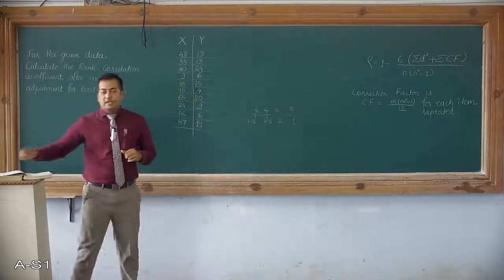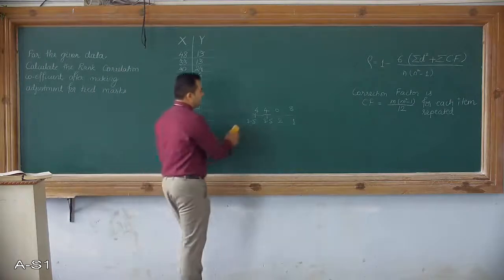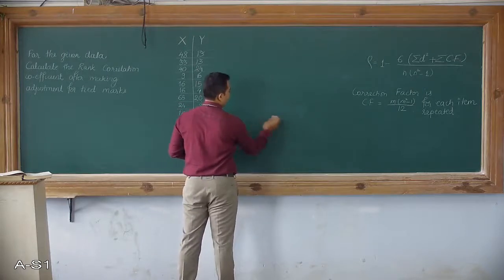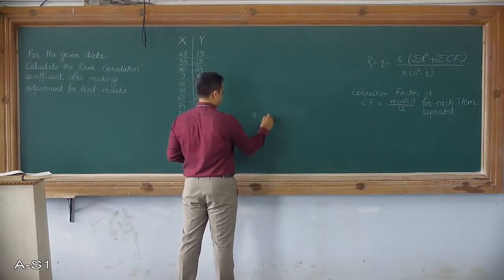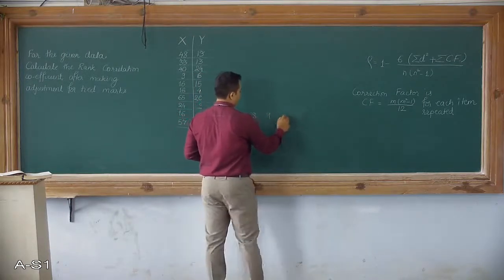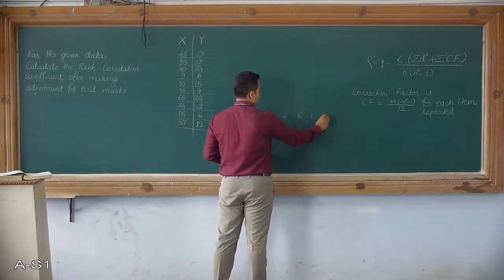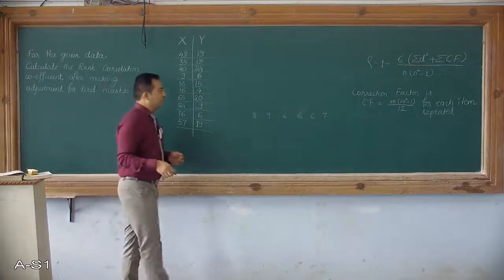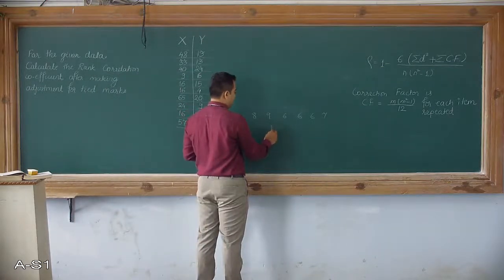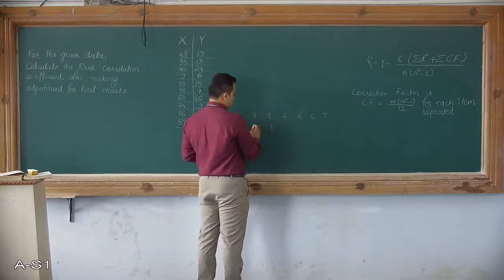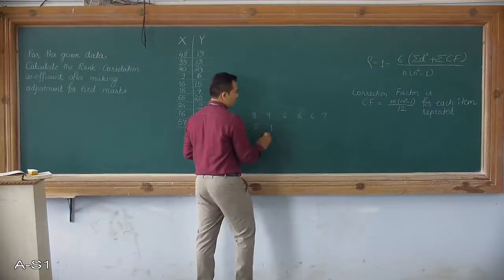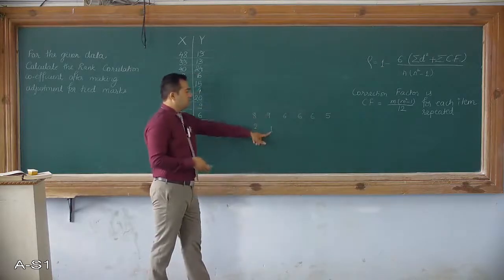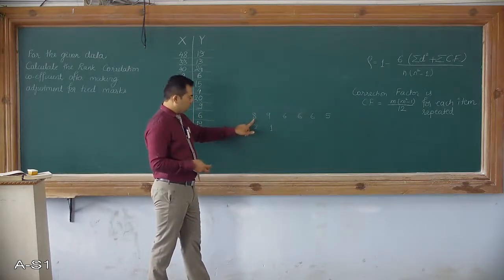Now suppose the given data is this way. If these are the given numbers, the first rank would be 9, the second would be 5. This has got rank 1, this has got rank 2.